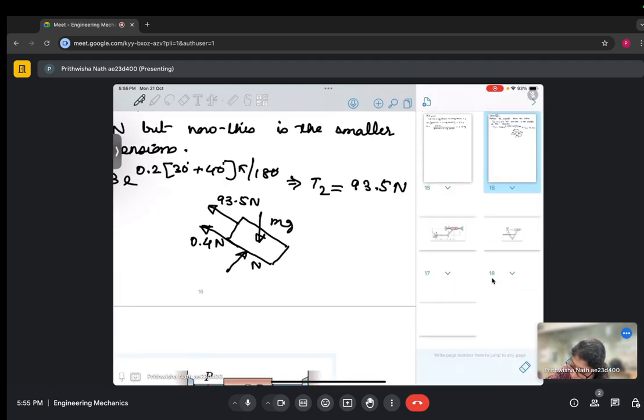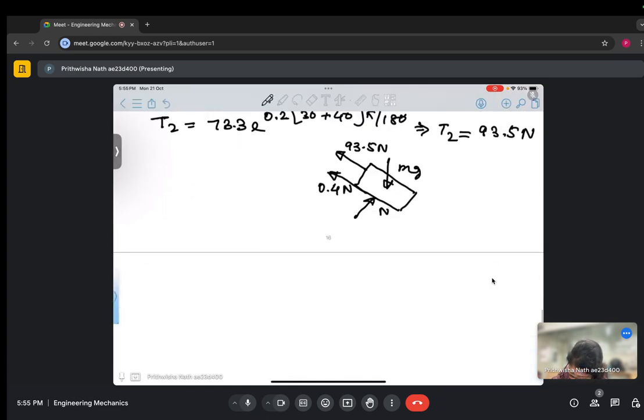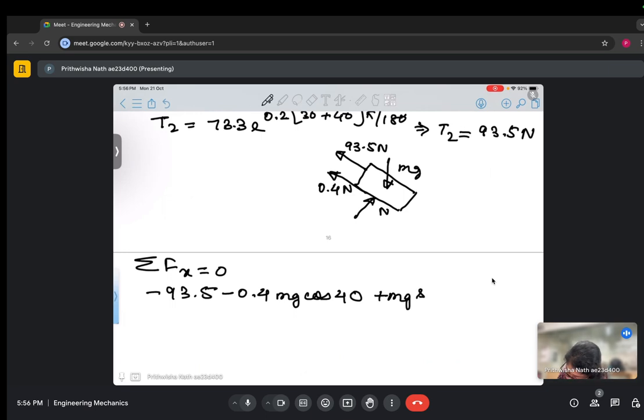So Fx equal to 0 is minus 93.5 plus 0.4 N, which is nothing but mg cos 40, right? And plus mg sin 40.